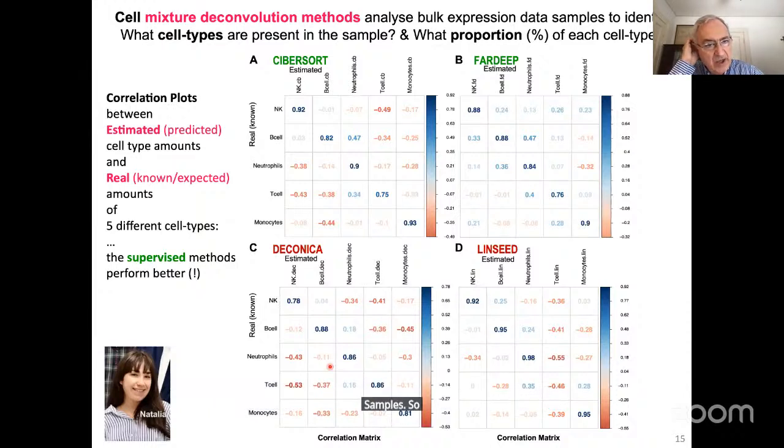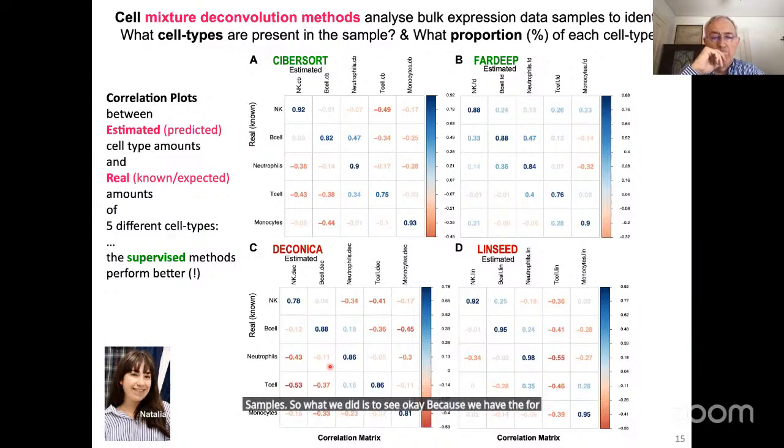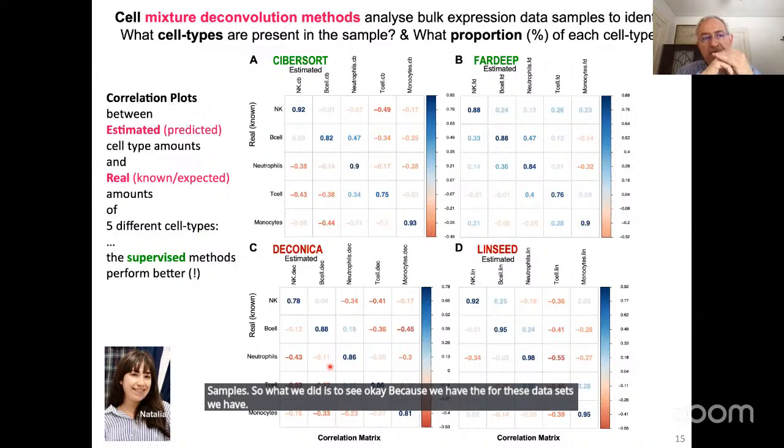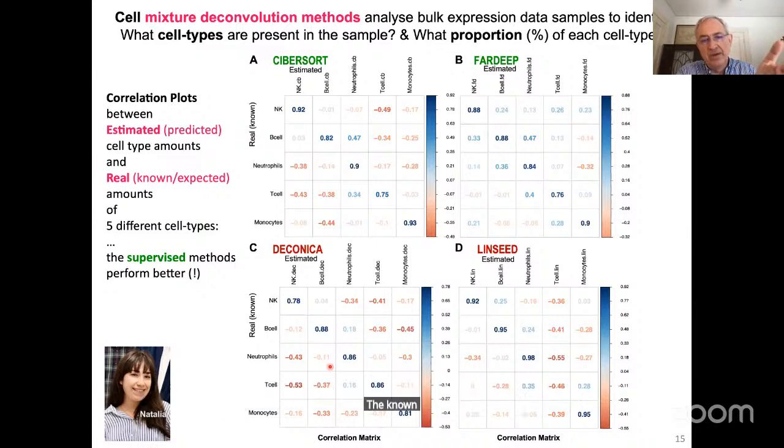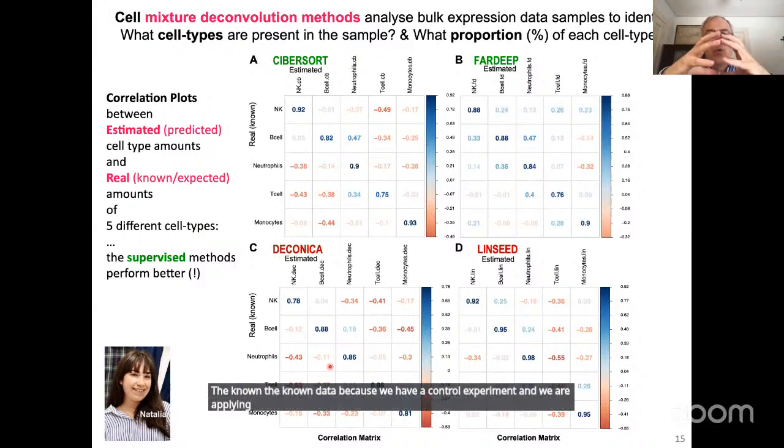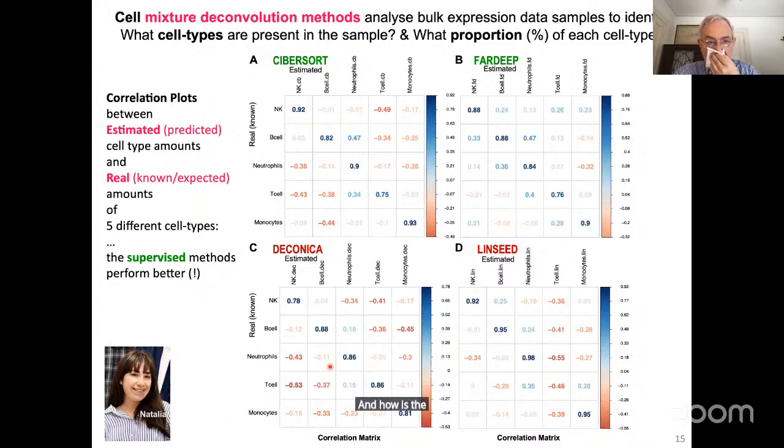Because we have known data for these data sets, since we have a control experiment, and we are applying 4 different methods, now we can compare how the methods perform: the predicted estimated proportion of each of these cells, and the real expected one, which has been experimentally provided by a supervised method.